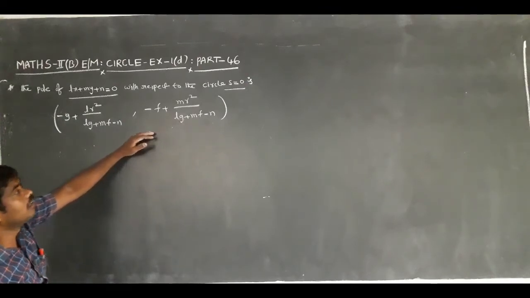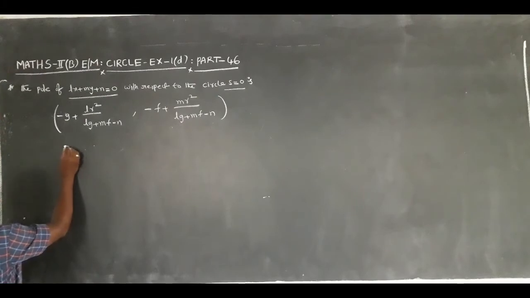Here r is the radius of the circle S equals 0.